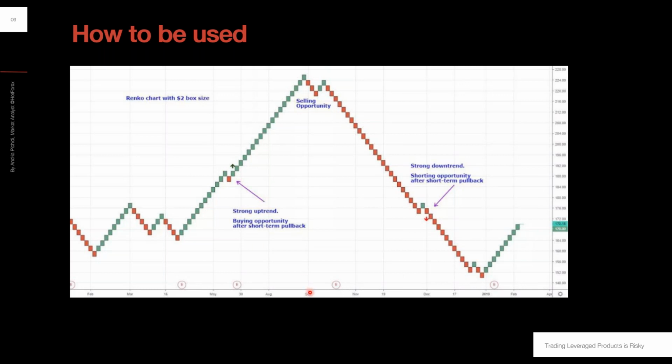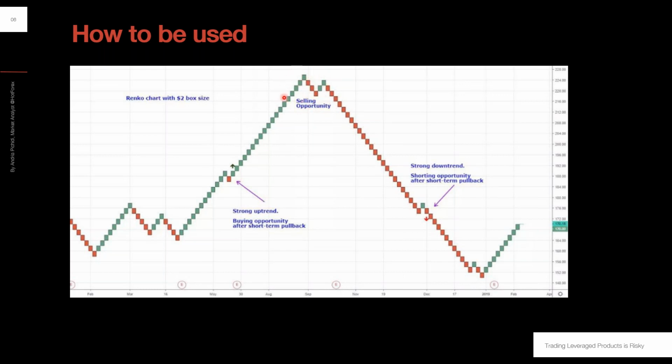Now, on the flip side, a selling signal could have been if, after a long bullish trend, we have consecutive bearish bricks, three or more.